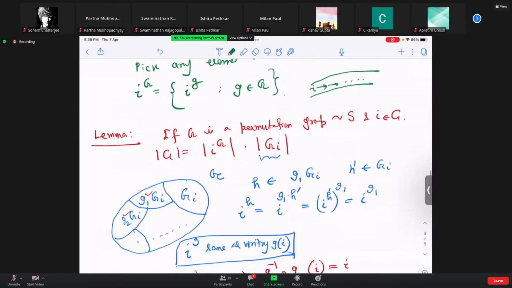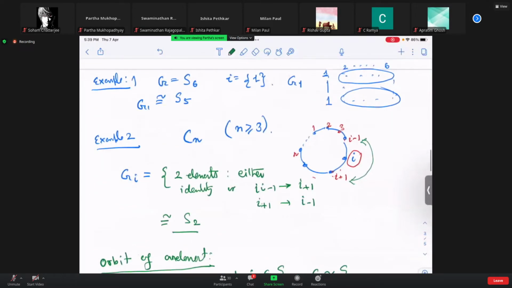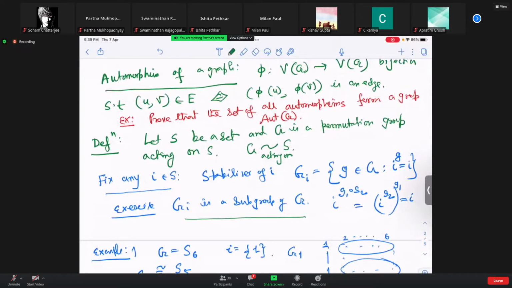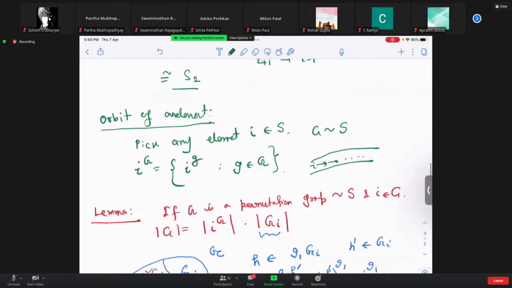So we have defined three things so far. The stabilizer. There is a group action on a set S, and given an element, we have defined the concept of stabilizer. Stabilizer is simply a subgroup, the group elements that fix the given element I. And then there is a second concept of orbit, where an element I is moved by the group action.